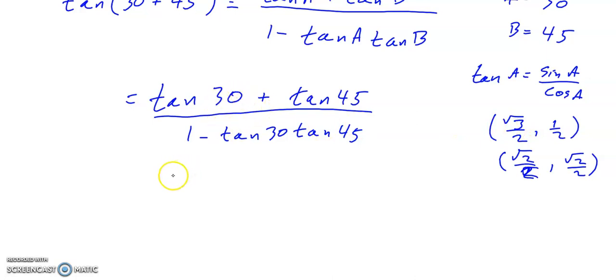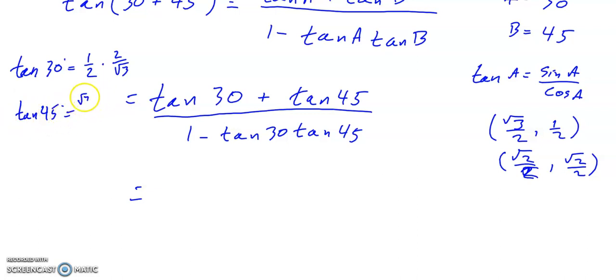So the tangent of 30 degrees is going to be 1/2 times 2 over radical 3. And the tangent of 45 degrees is going to be radical 2 over 2 times 2 over radical 2, which is 1.